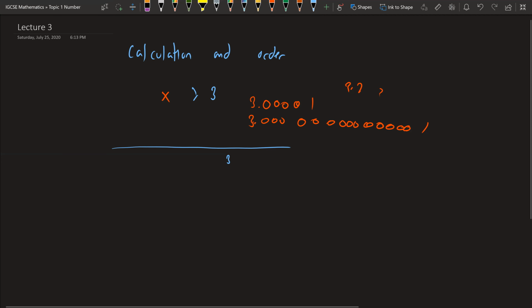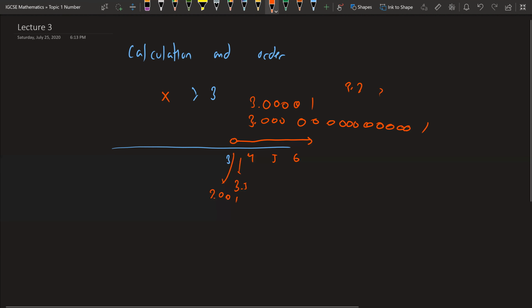So we put a ball, kind of like an empty spot, and we draw an arrow to say that, hey, it could be 4, 5, 6, 3.5, 3.0001, anything. Okay, we can represent it on a number line using this.